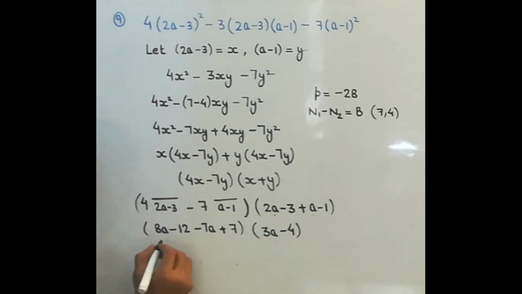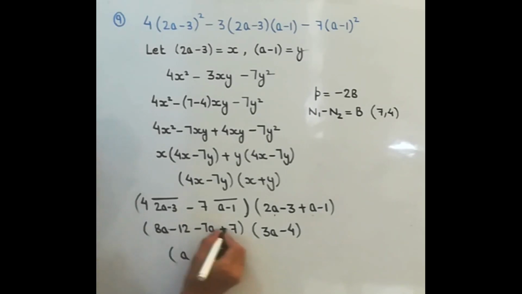So finally here also 8a minus 7a will give you a, minus 12 plus 7 will give you minus 5. So this will be our final result. So at the last we have replaced x and y and we have got the result. So you can pause and note it down.